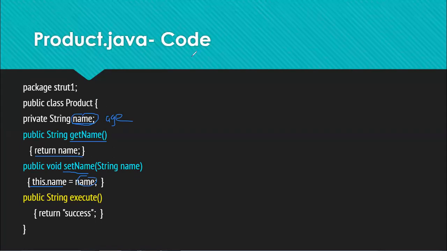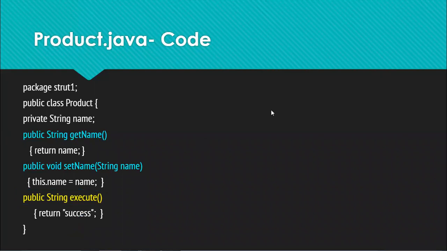Apart from these two methods, one more method you always have to write is public String execute. Whenever you run this code, what should happen? If after execution no error is generated and your code runs successfully, it will return a success page. So this is the code of your product.java file.